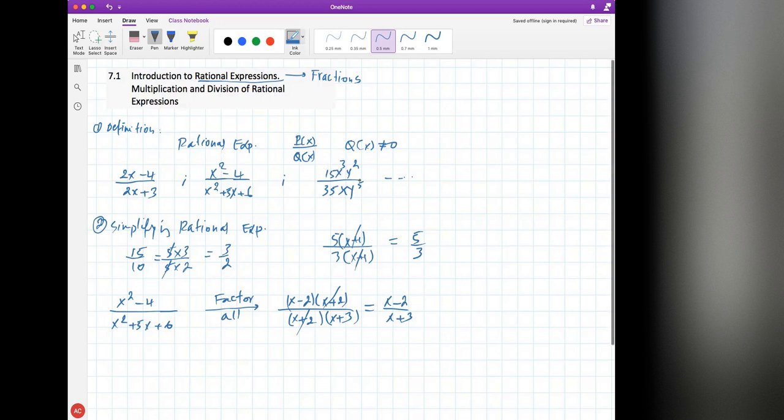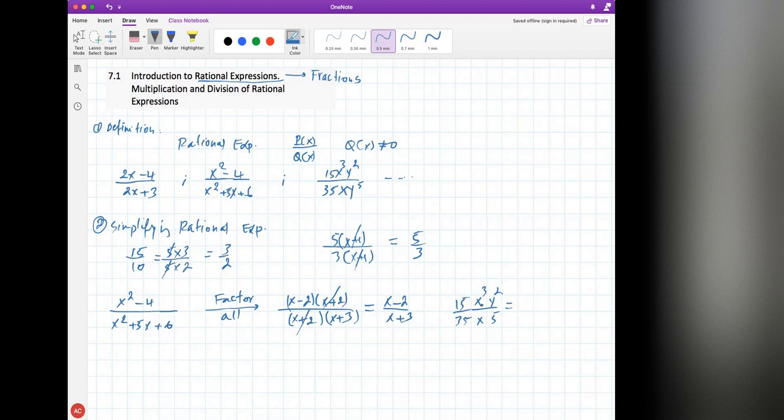We've seen how to simplify this when we talked about the roots of exponents. So 15 over 35. What do we do here to simplify this expression? We can find the GCF.